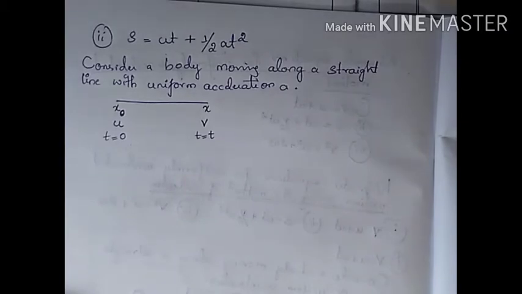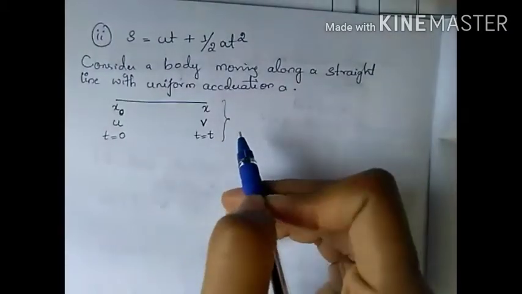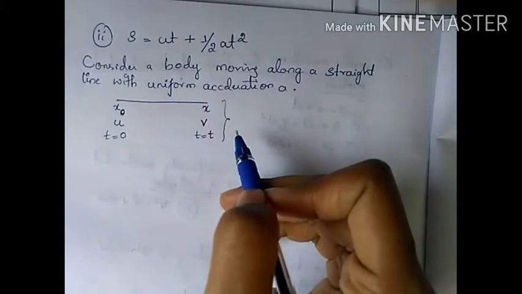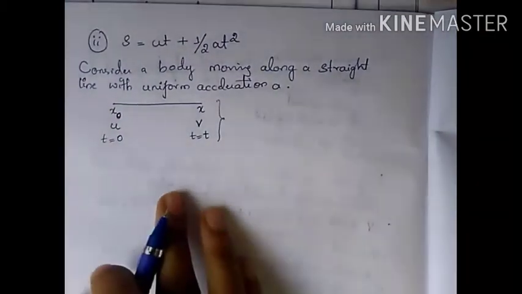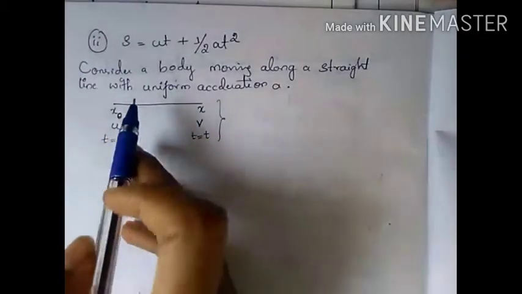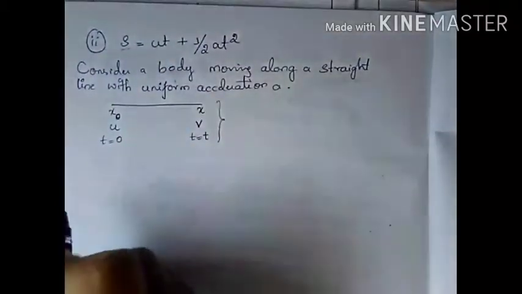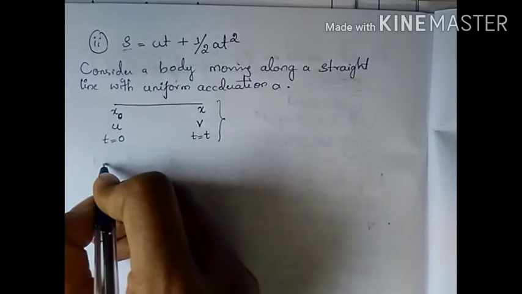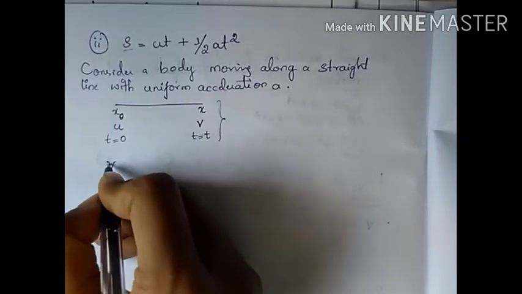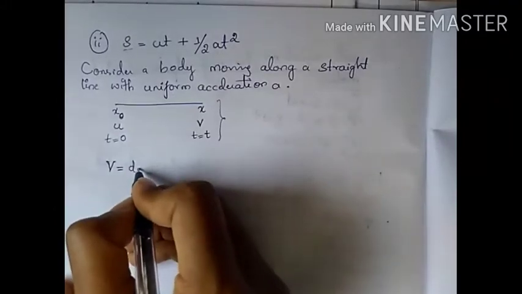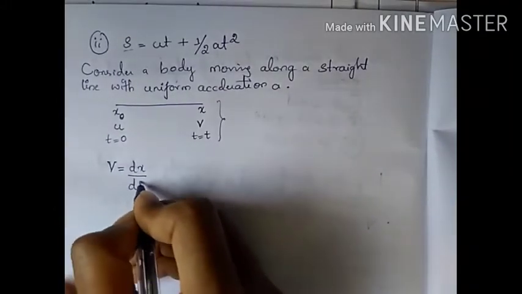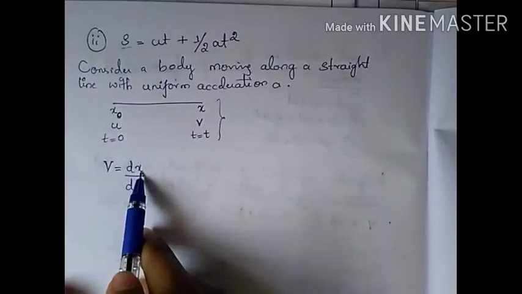From this data, let us try to derive s equals ut plus half at square. Since here we have displacement, let us consider velocity. From the definition, velocity is the rate of change of displacement with respect to time. This is not distance.